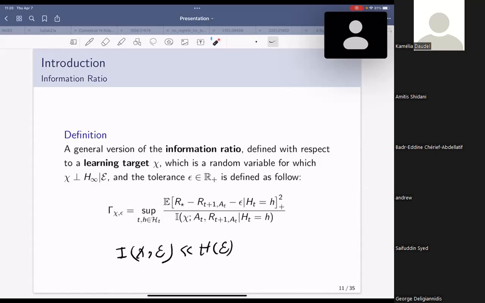Or any other characteristic about the environment can be the learning target. So any function of E, basically. At least that's my intuition about it.